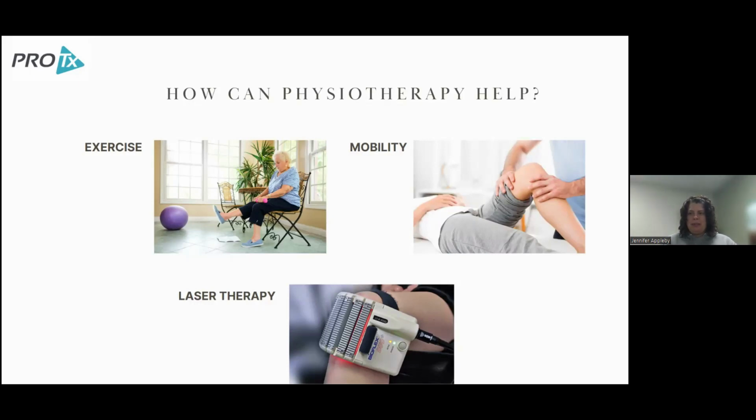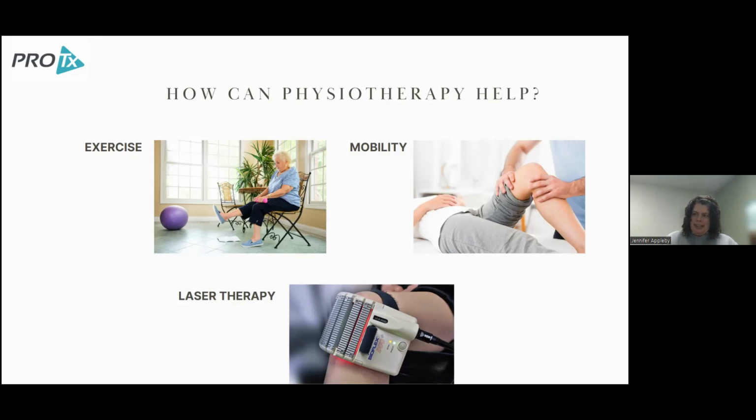And I think the biggest thing that ProTX offers outside of our hands and exercise is laser therapy. It's an incredible technology that provides the energy to the damaged cells of our tissue to return the tissue to normal function.